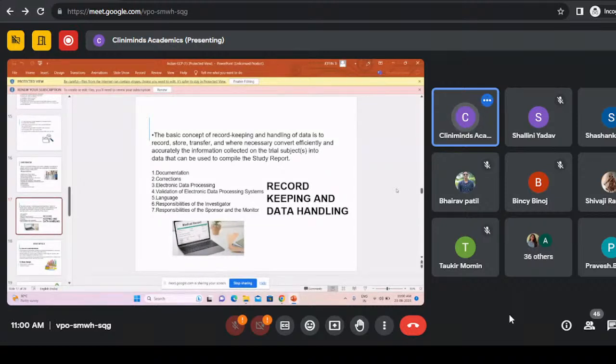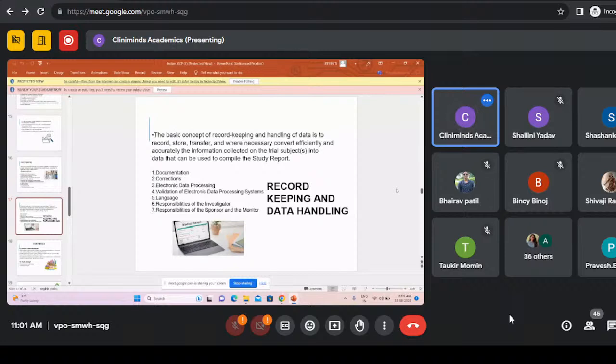There will be a drop down option, and in that drop down you have to give the reason why you are changing the data, like due to a data entry error, or because it's new data, or as per the query. So you have to select the proper option.